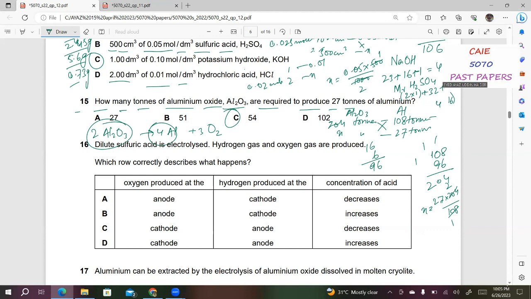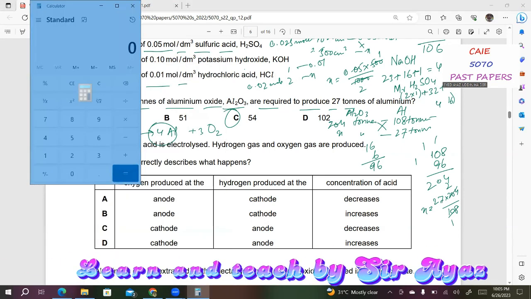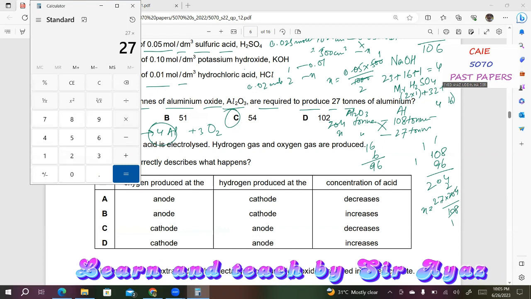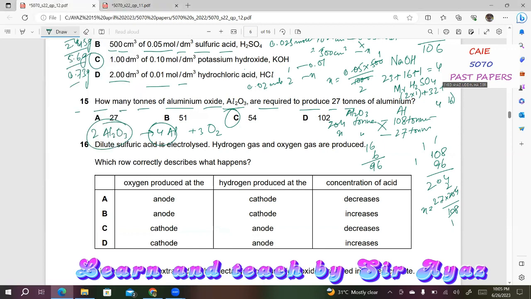We'll do this again. 27 multiplied by 204 divided by 108. Sorry, 51 will be the right answer in this case.